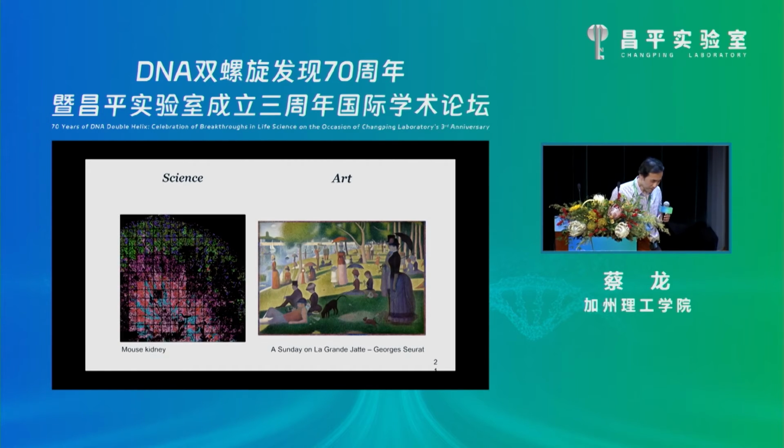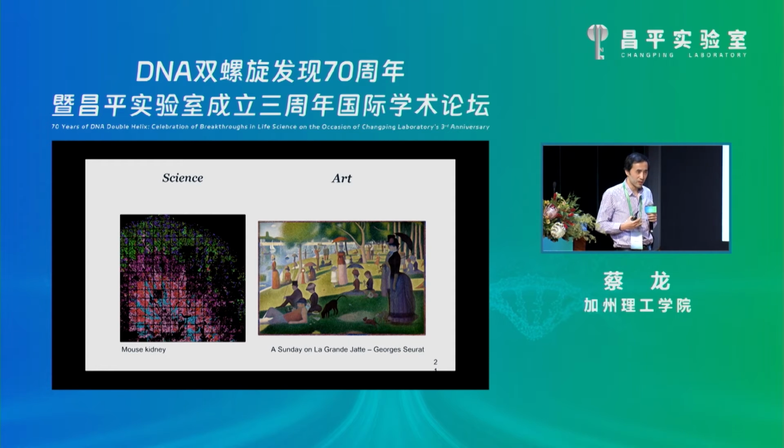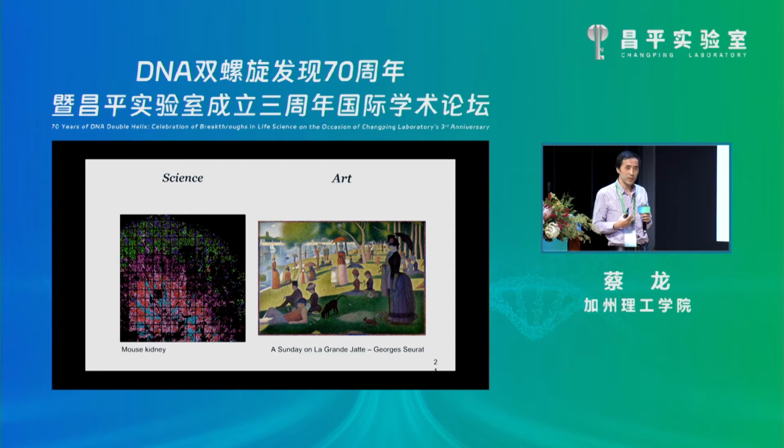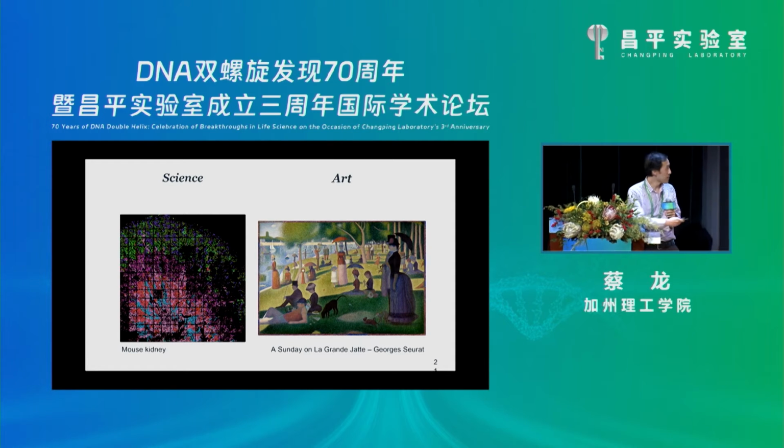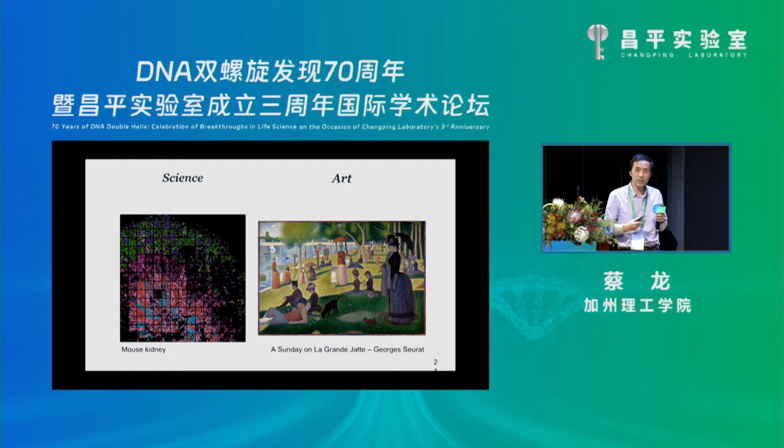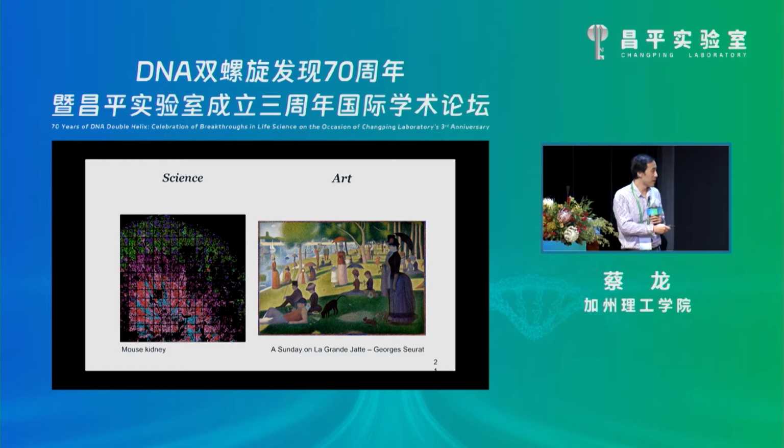Now, I think this gets to the struggle at the heart of spatial transcriptomics: we make these pretty pictures. How is that fundamentally different from something that's just art, like this pointillistic painting? You get different types of people, different organisms, different developmental stages.